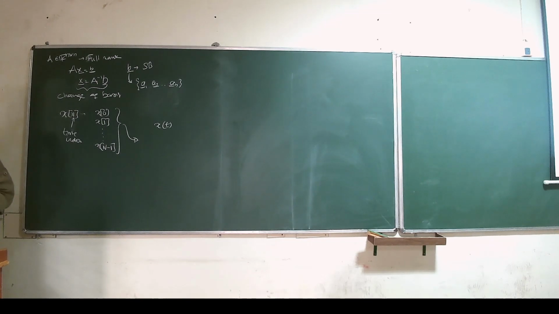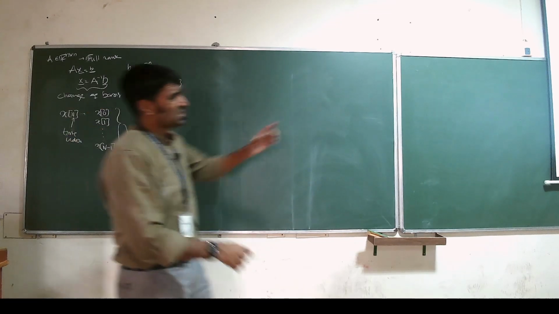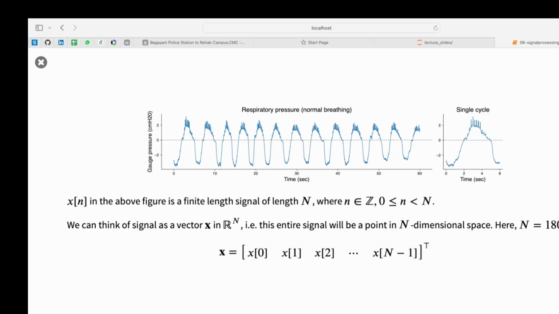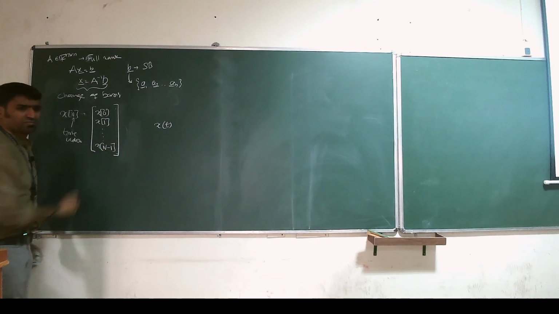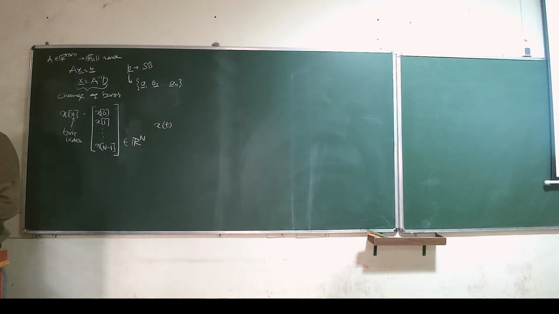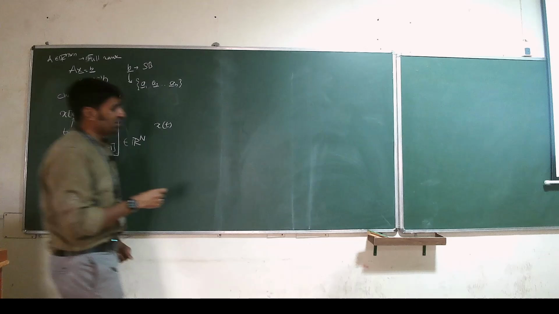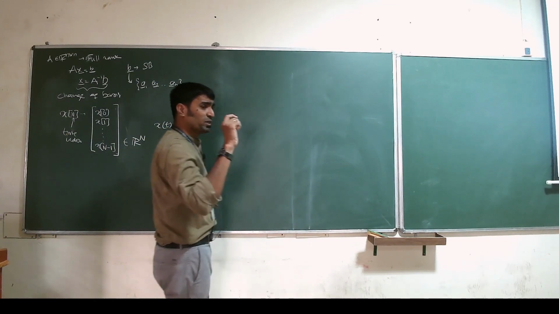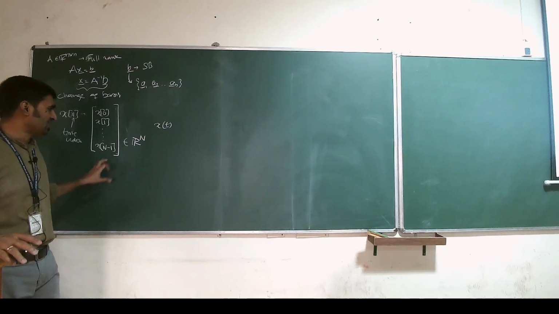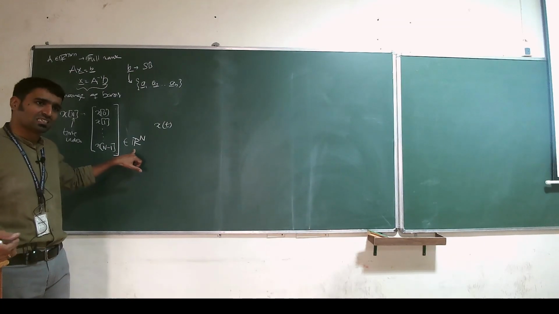As I said before, because this is a finite number of recordings, we can think of each signal of length capital N as an N column vector like this. Because it's just a bunch of numbers, I can think of this as a column vector, and this is a vector from R capital N. Now, whenever we talk about vectors, the moment you assign numbers to represent that vector, you are essentially representing the vector of interest in some basis.